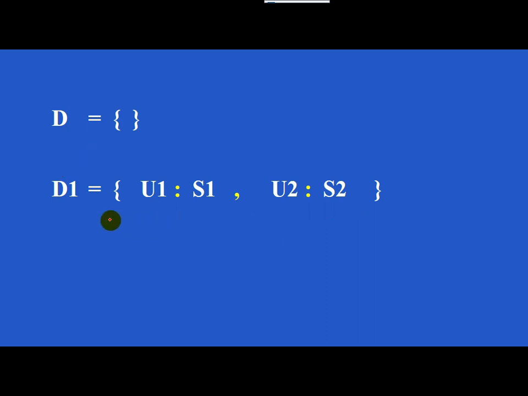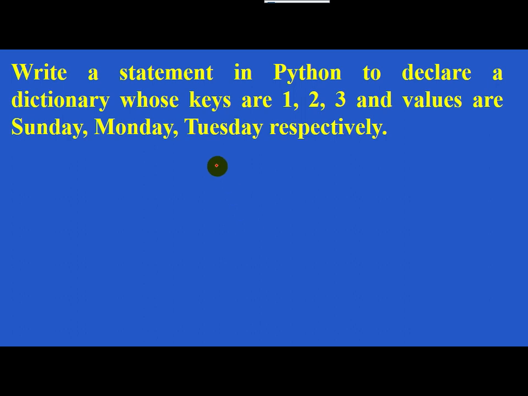So I created a dictionary by the name D1. These are the various items of the dictionary. Let me create one more dictionary. Write a statement in Python to declare a dictionary whose keys are 1, 2, 3 and values are Sunday, Monday, Tuesday, etc. Let me start with a variable name day equals, you can use any suitable variable name, day equals inside curly brackets, because a dictionary must be inside curly brackets.